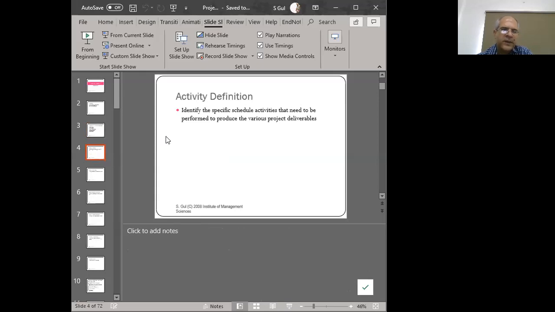Right. So in more detail, activity definition, it entails identifying the specific scheduled activities that need to be performed to produce the various project deliverables, right? So this is what we're doing. Where do we get this from? We'll normally be getting this from the work breakdown structure, which, if you recall, is composed of two levels.